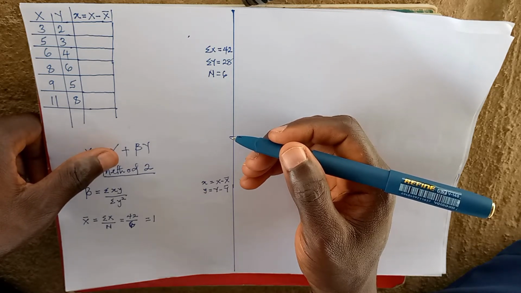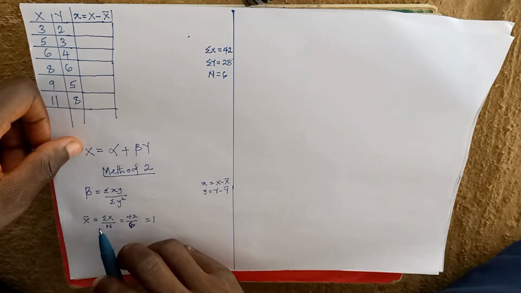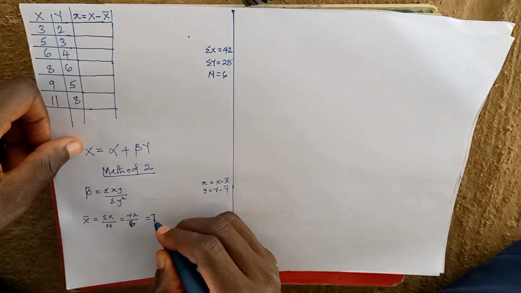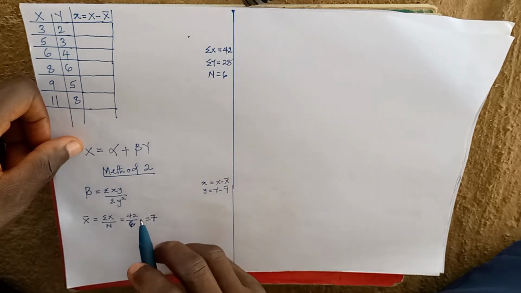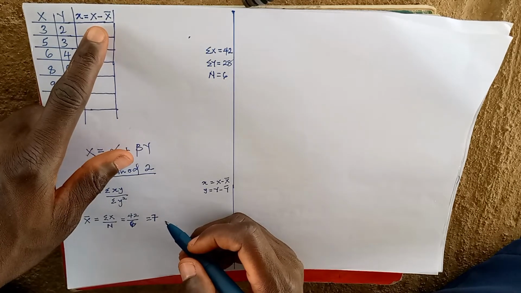We've gotten our x bar to be 7, because 42 divided by 6 gives us 7. So that is what we're going to subtract from each value here.